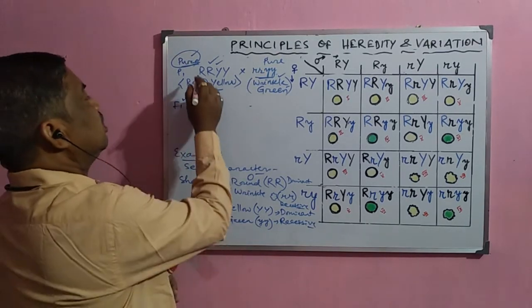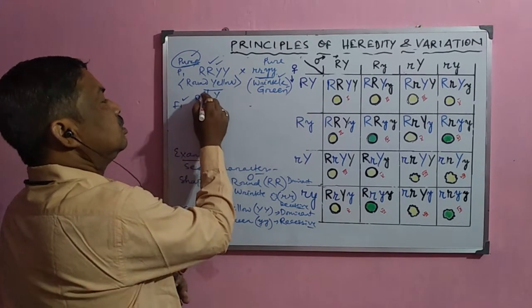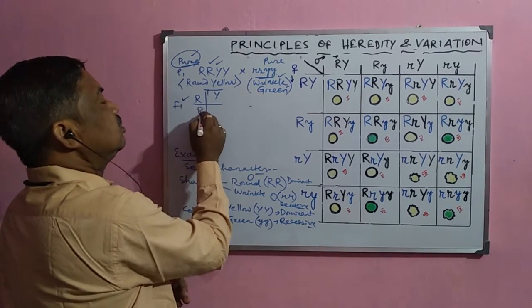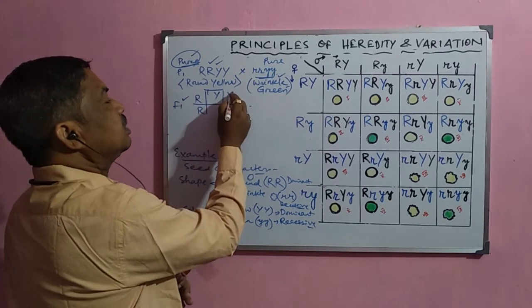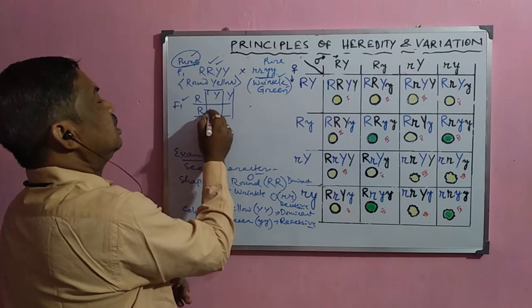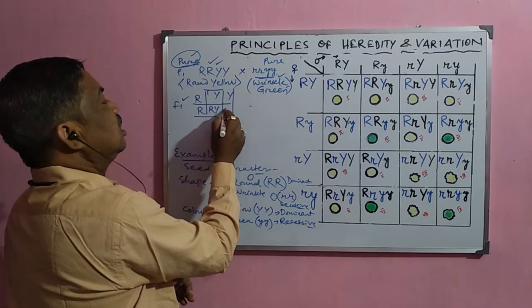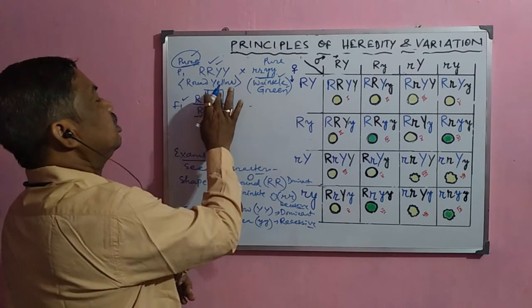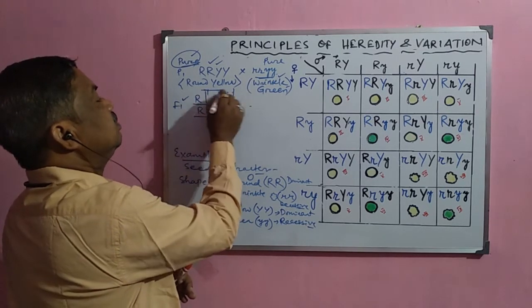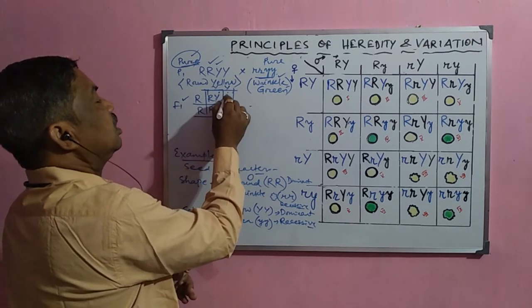Here the gametes are normally R and Y, so only one type of gamete is observed here. The gametes are RY, and here also it is RY.